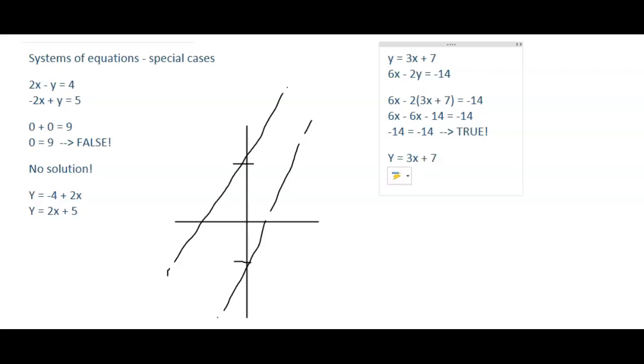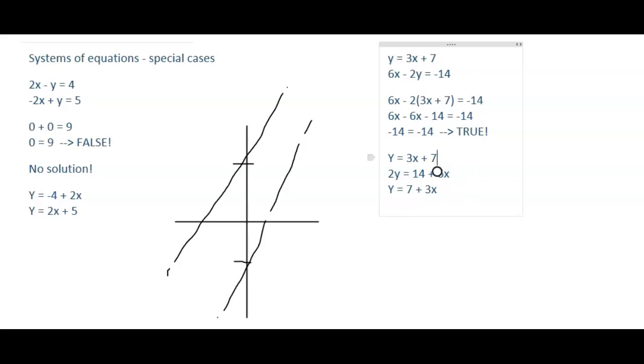The bottom one, I'm going to need to subtract 6x and then multiply everything through by negative 1. So I'll have 2y equals 14 plus 6x, and then solving for y, I'll divide everything by 2. Y equals 7 plus 6x. Sorry, not 6x, 3x if I divide 6 by 2. There's the second equation in slope-intercept form.